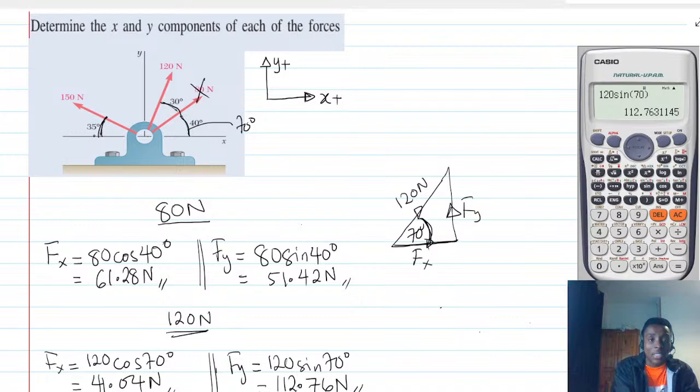If I try to resolve the 150 Newton force, it will get an X component here, and then it will get a Y component here.